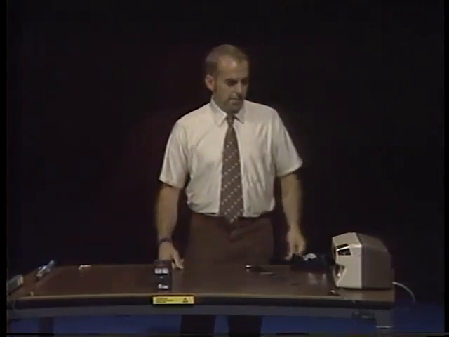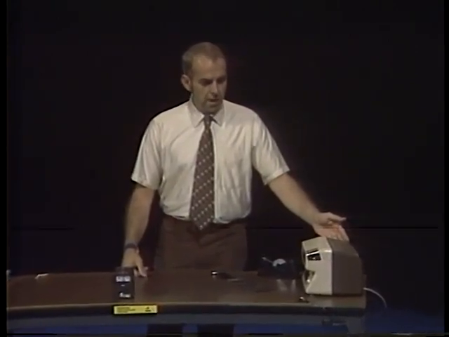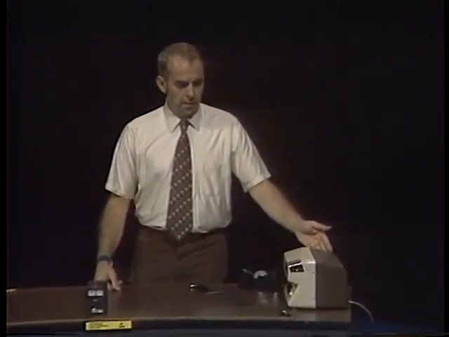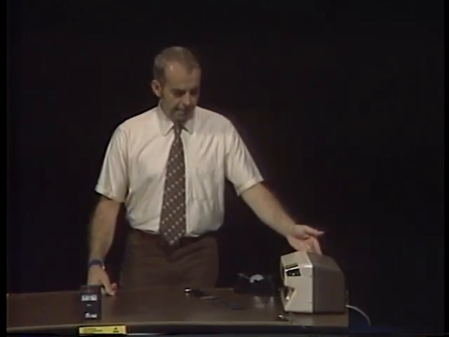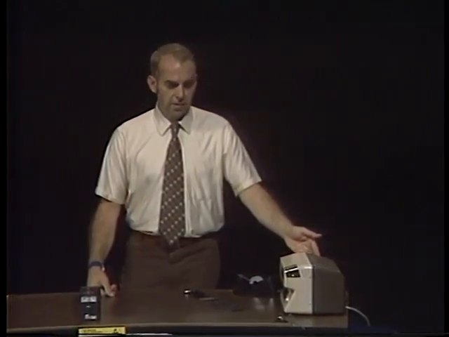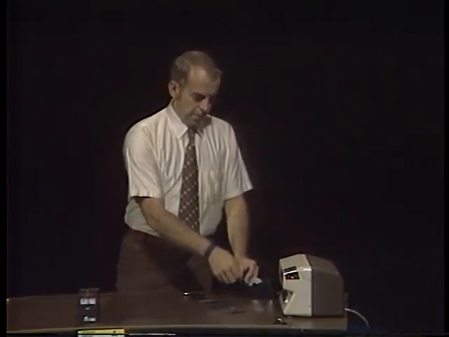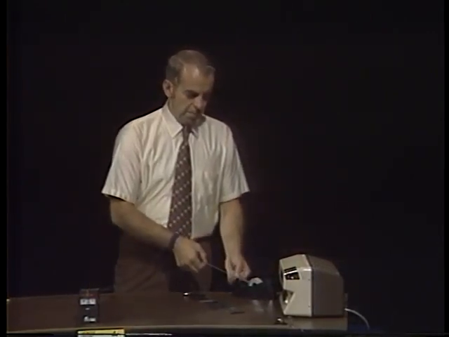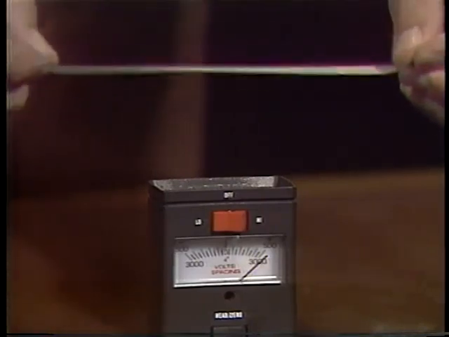The last item is an ionizer, and this should be used as a last resort only when there is no other means to reduce static charging. Let's illustrate the use of the ionizer with our old friend, the Mylar tape. First, I remove a piece of tape from the roll. As before, as you can see, the tape is highly charged.